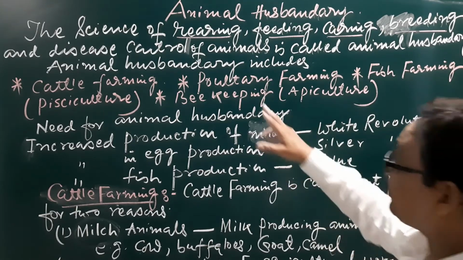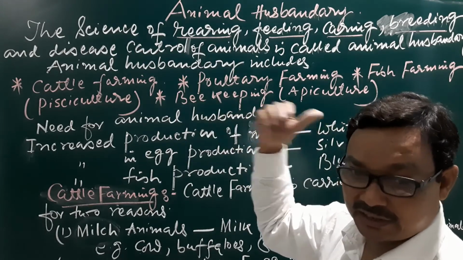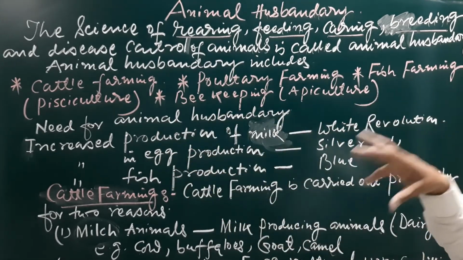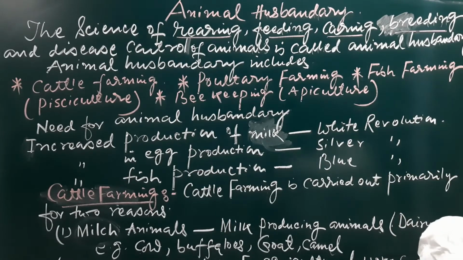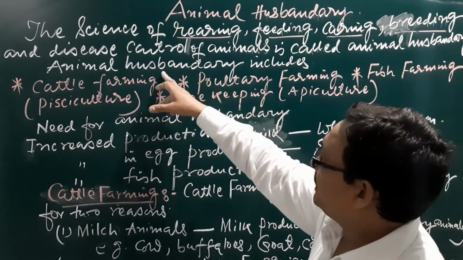That's why it is very essential to increase milk production and meat production, and to get more and more eggs, milk and meat from animal husbandry.